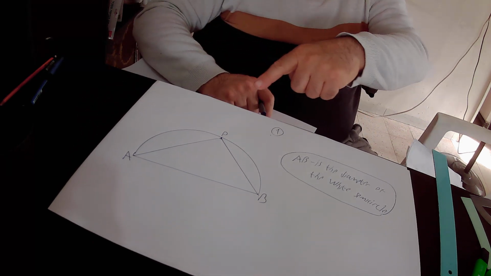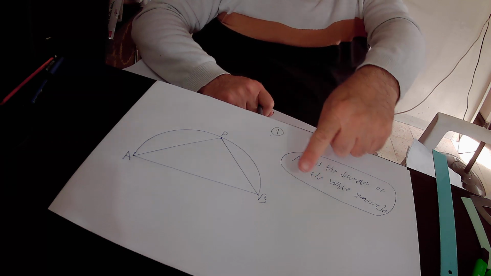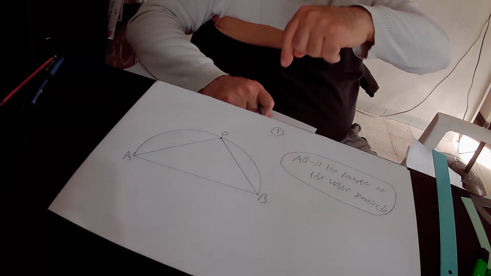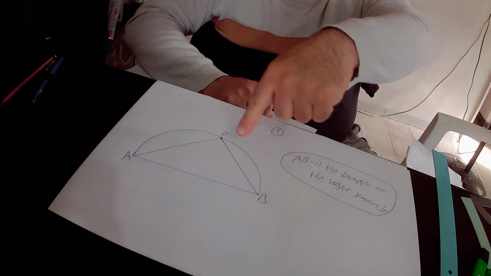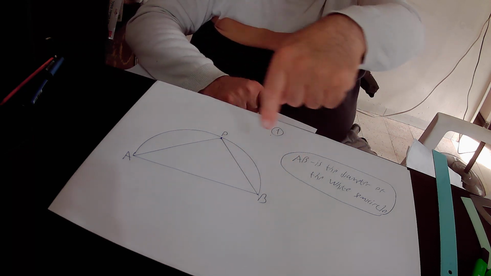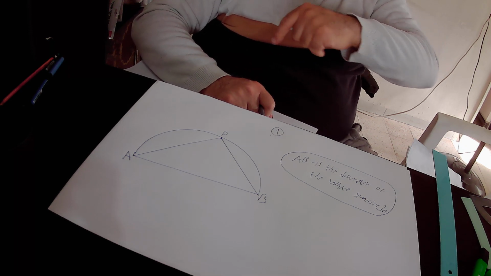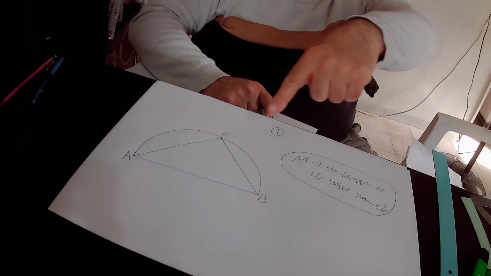Actually, by joining points P and B together by a straight line, we created a peripheral angle APB. This is peripheral angle APB. Peripheral angle APB is subtended on AB, that is the diameter of this white semicircle. And therefore, according to rule 7, peripheral angle APB must be equal to 90 degrees.